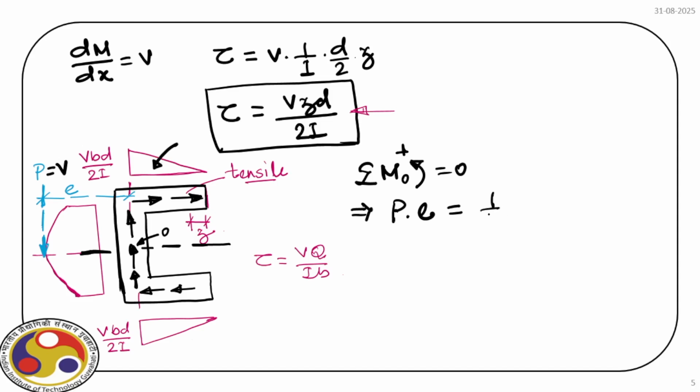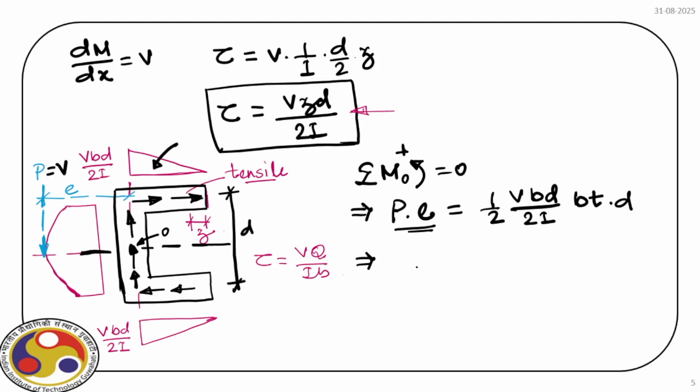So that is half times V times BD divided by twice I times B times T is the total shear force. Now that multiplied by the lever arm between them is basically the couple developed. So this is the D, which will be balanced by this arrangement.